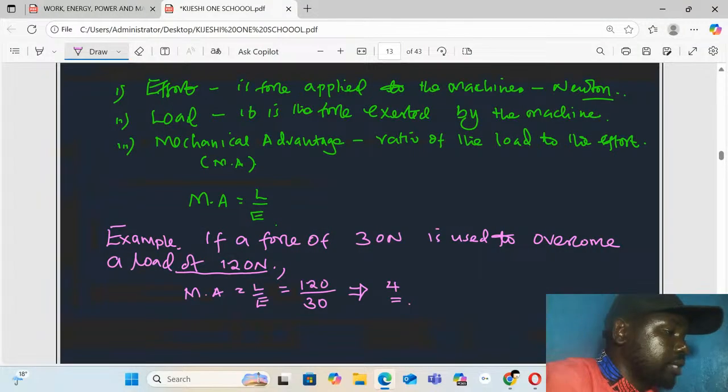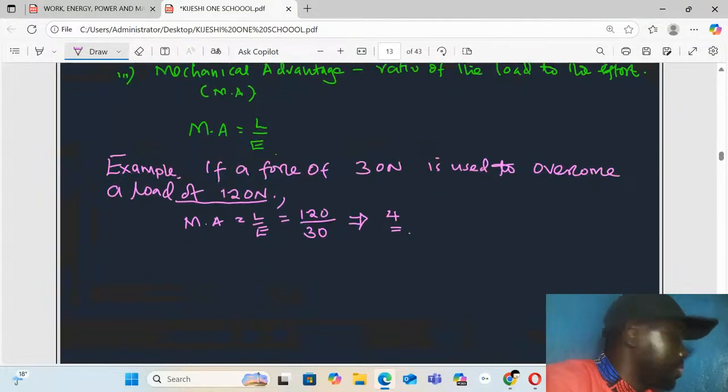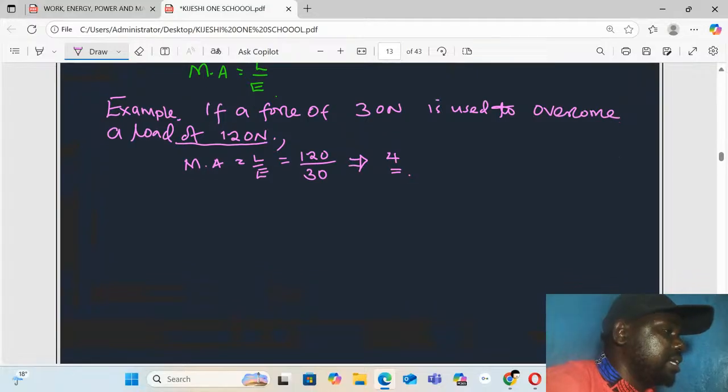Now we can continue. There are some things that we need to note.